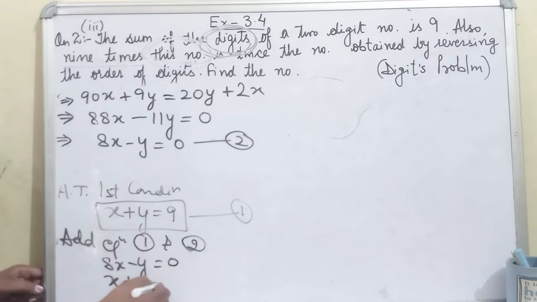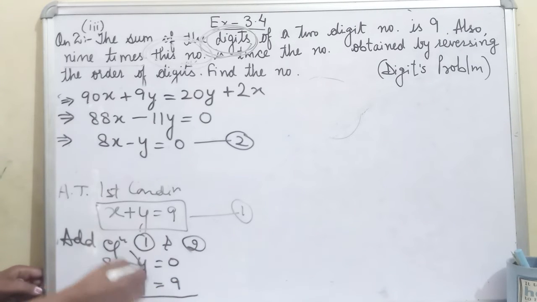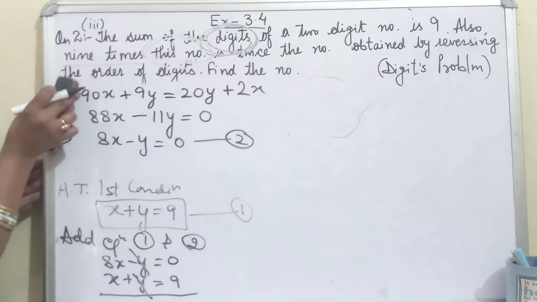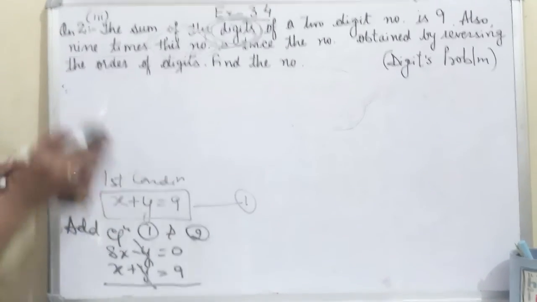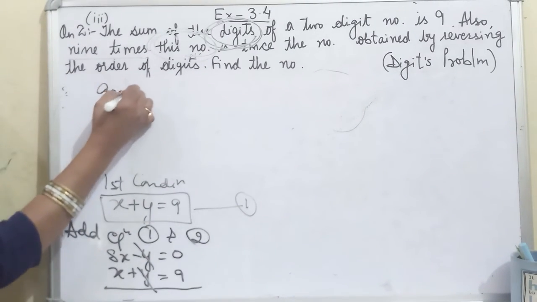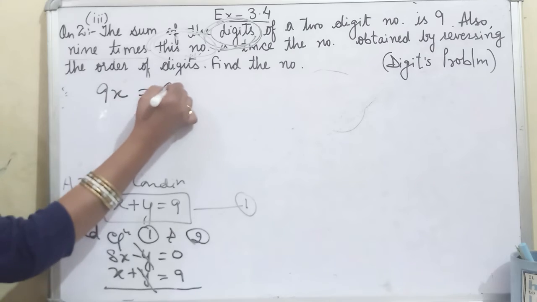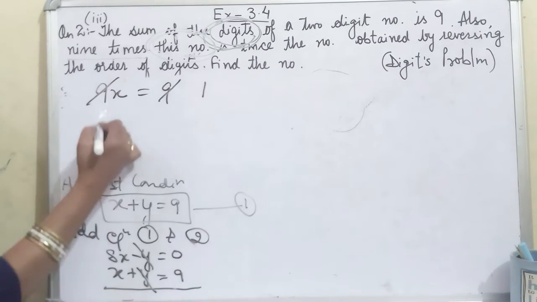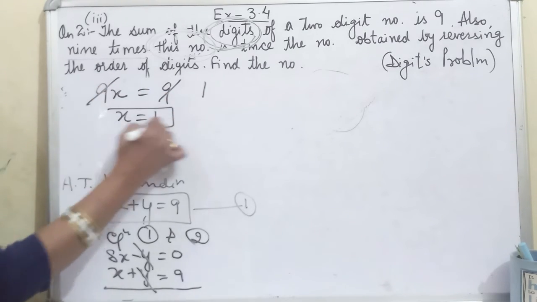x plus y equals 9. And this one cancels out, minus y plus y. 8x plus x is? It is 9x and equals 9. This will cancel out. x equals 1.